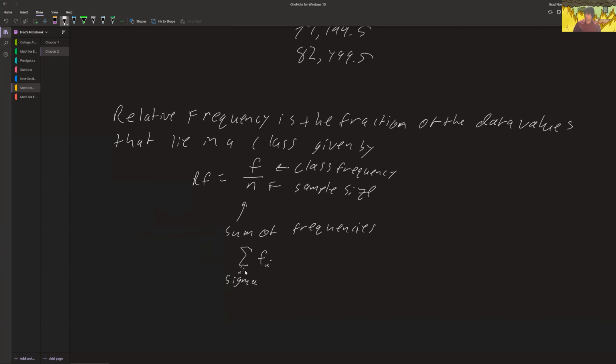This would be like i equals 1 to k if there are k classes. So it adds the frequency of the first one, the second one, the third one, and so on until you reach the kth class. Okay, so note that if they're showing you that, then this is just a way of representing this. Now, what are the relative frequencies of the example that I provided earlier?